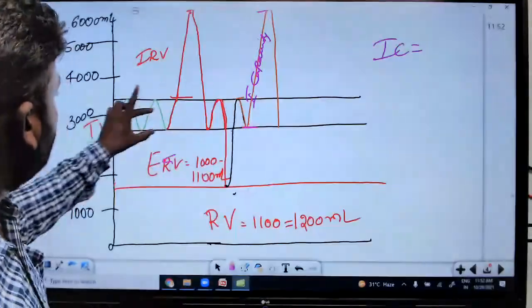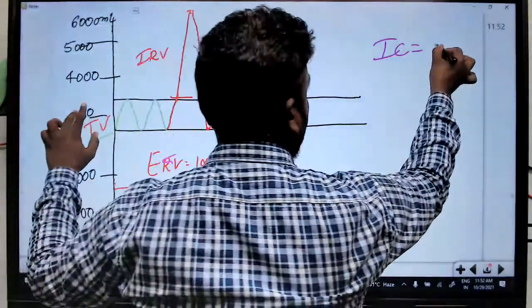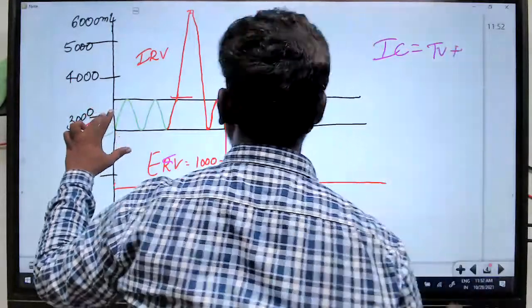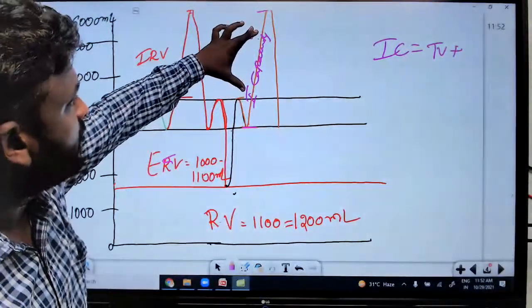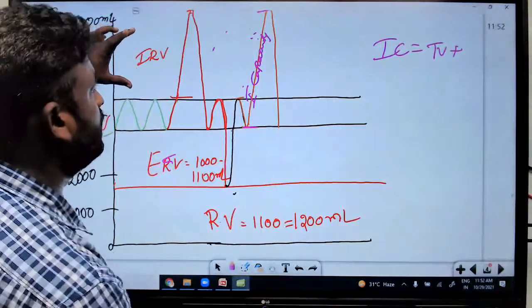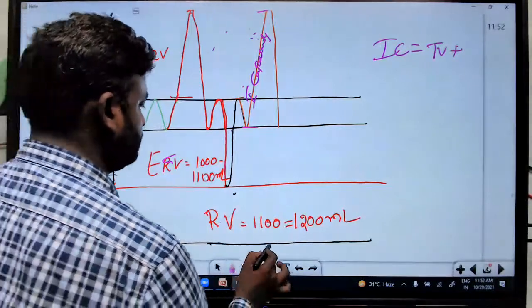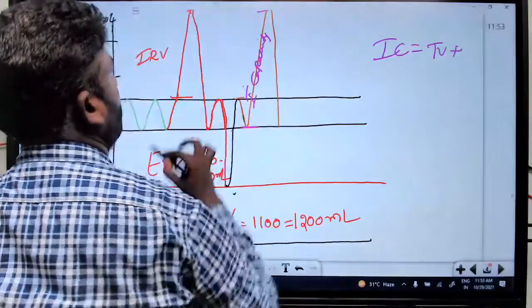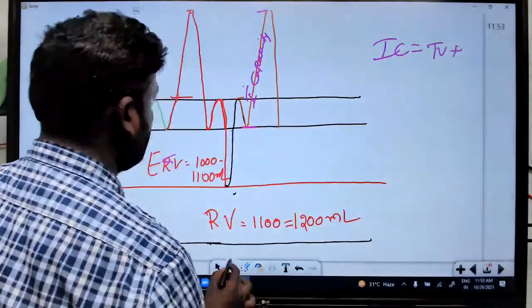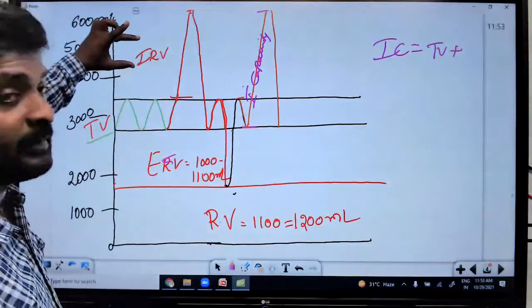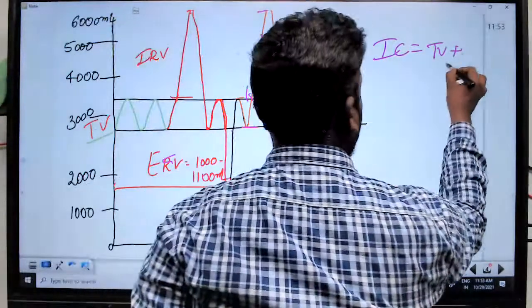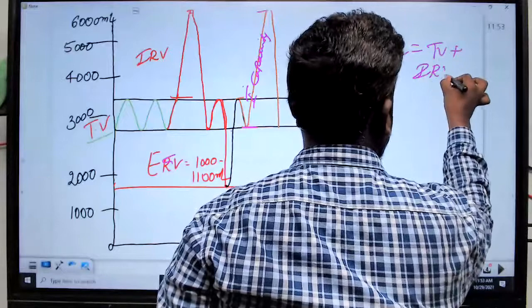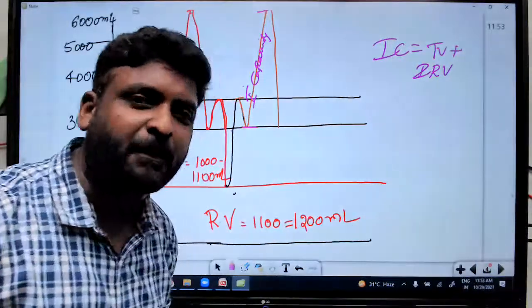From here to here, tidal volume. Got it? Very good. IC equals TV plus, what is the zone here? IRV, right? So TV plus IRV equals inspiratory capacity.